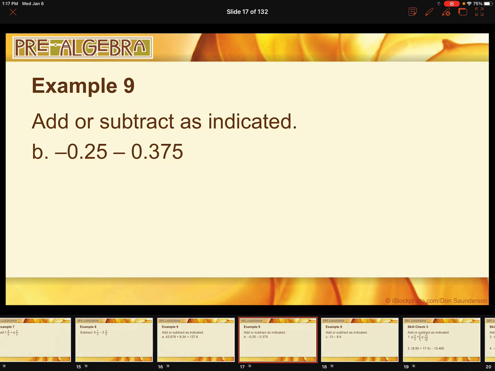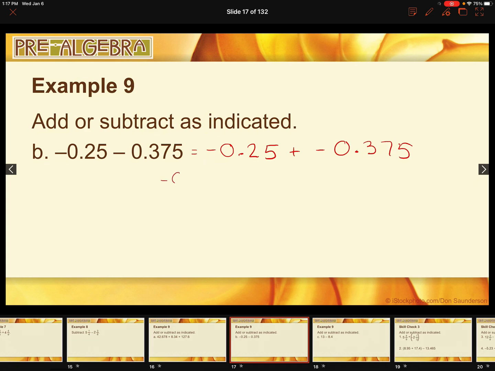Okay. Watch out for this one because I have negatives and I have subtraction. Remember, you can rewrite this as adding the opposite. Now that they're both negatives, I can add them like normal. And I know that my sign is going to be negative.